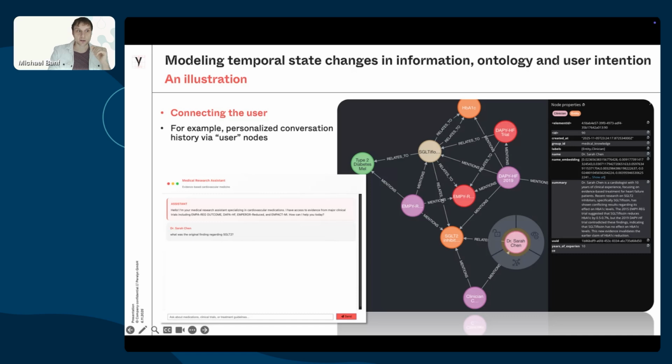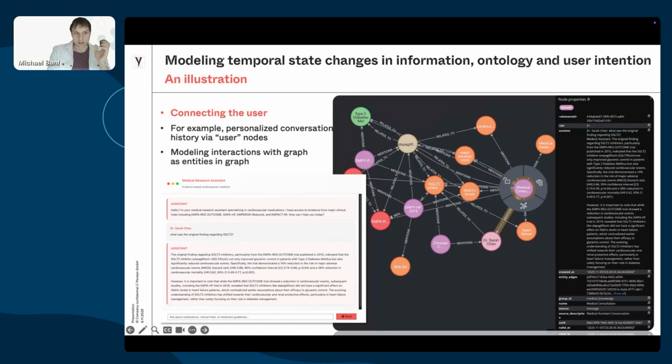Here, in our little toy example, we connected a little chatbot, connecting the user to that knowledge graph, and the user could log in as a fictitious clinician, Sarah Chan. As she logs in, we represent her as a user node. She has her own initial history and specialty, and therefore she's already connected with some of the elements within our graph.